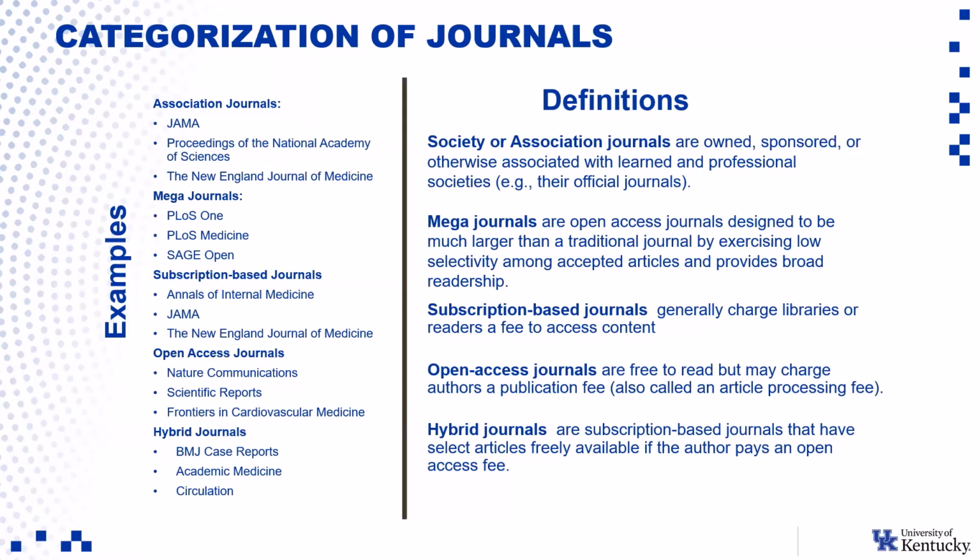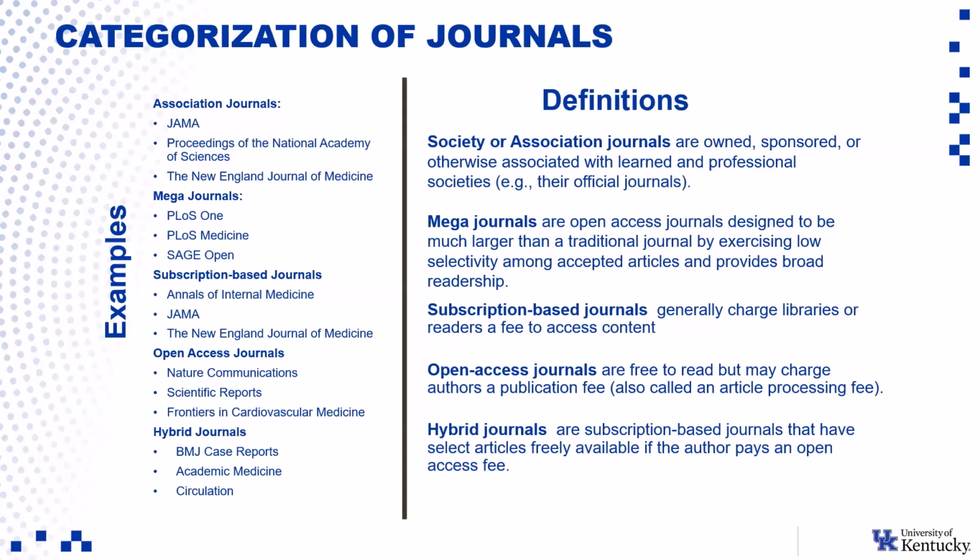Categorizations of journals might be referring to journals that are owned or sponsored by a society or an association. You might hear about mega journals, which are open access and publish high volumes of research on a broad range of topics each month. There are also categorizations based on how readers can access the content of the journal.